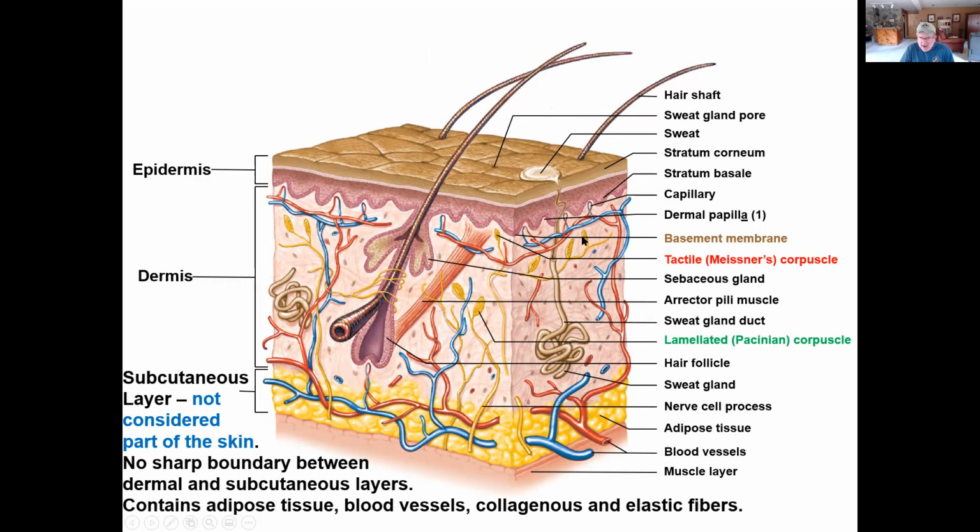But I don't like the way they're sketching these. I'd much rather see a couple of these way high up in the dermal papilla. So pretend this one is way up in here, pretend there's another one right here. And those that you find mid to deep are going to be that second type, the lamellated or Pacinian, that would be stimulated upon deeper displacement of the epidermis and upper dermis.